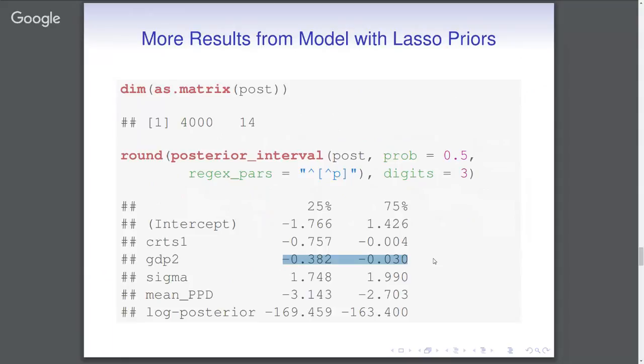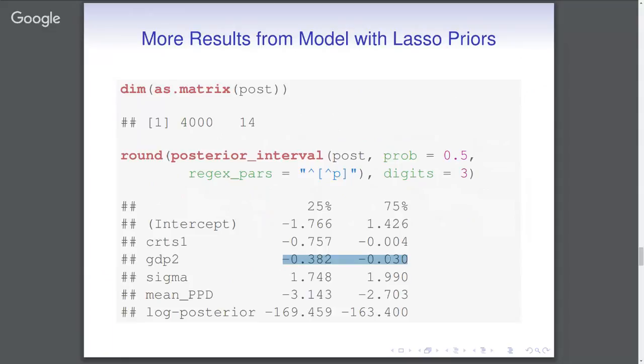So this is what frequentists misinterpret confidence intervals as. But this is a genuine expression of my beliefs, or of somebody who had these priors after seeing the data. They should believe there's a 50% chance that the true coefficient on GDP falls within this interval.